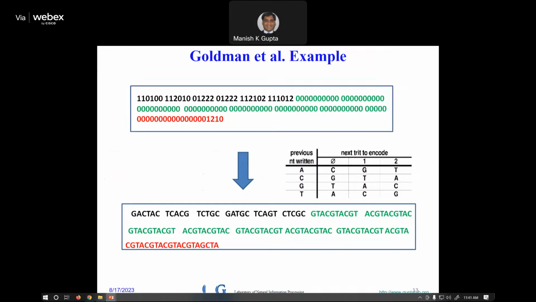So from ternary to ACGT, this map is there. We found many such maps. Not only that, we tried to extend. Can we do a similar map directly from binary to ACGT having this property? That's a beautiful, interesting thing to do: binary to ACGT with no repetition. We have done that also.